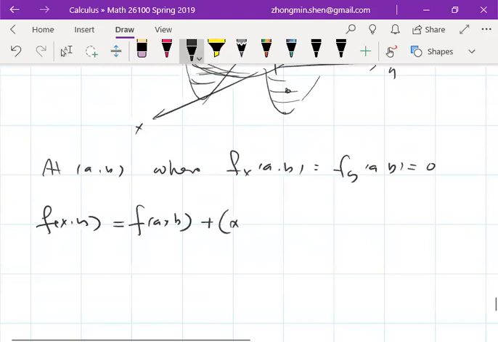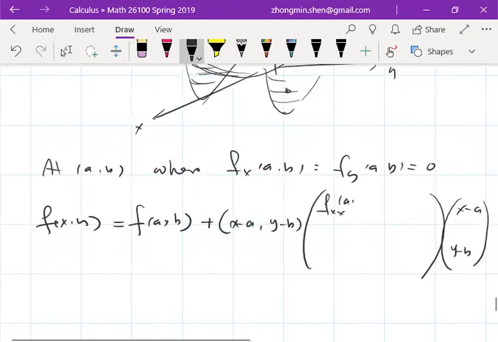Here's x minus a, y minus b, and this is the matrix of second partial derivatives.